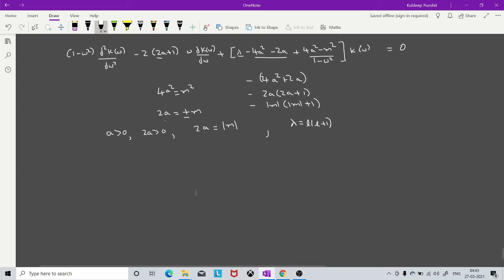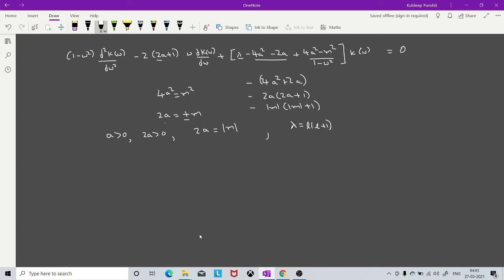Okay, so how will this equation look like? This equation will look like this: 1 minus omega square d square k of omega by d omega square, minus 2, and 2a is nothing but mod of m plus 1, into omega into dk of omega by d omega, plus lambda, which is equal to L into L plus 1, and minus this term, which is equal to mod of m into mod of m plus 1.